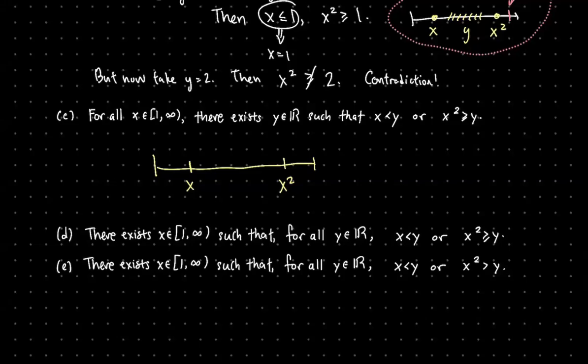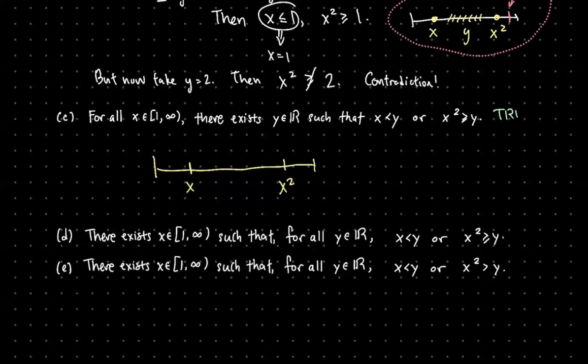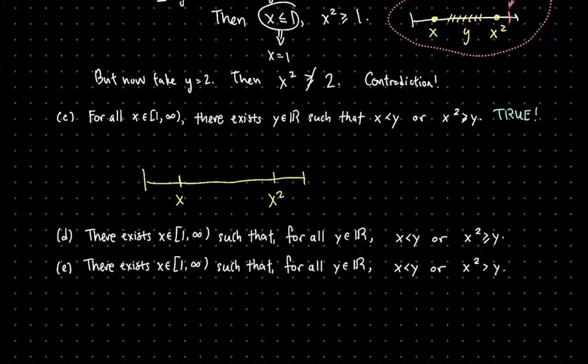I think this one is true, okay? Because if x is strictly bigger than 1, then there's some gap between x and x squared, and I can just insert any y in here.